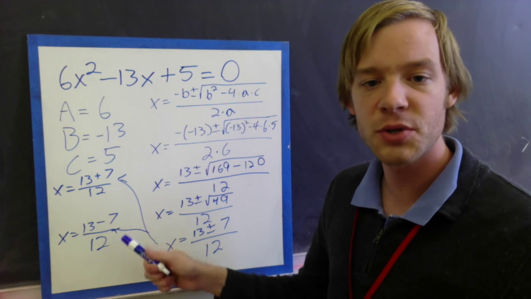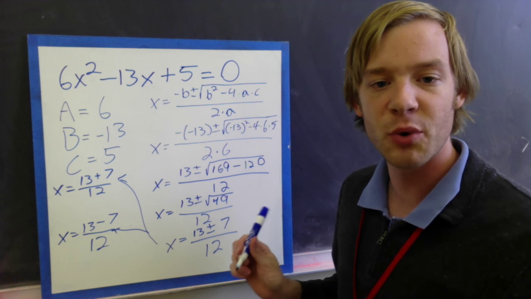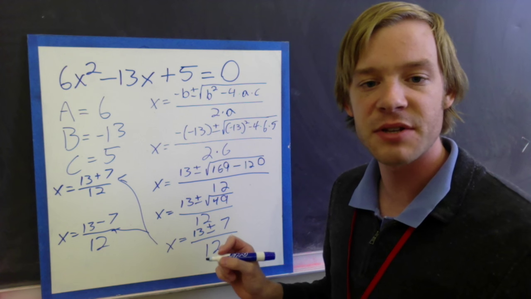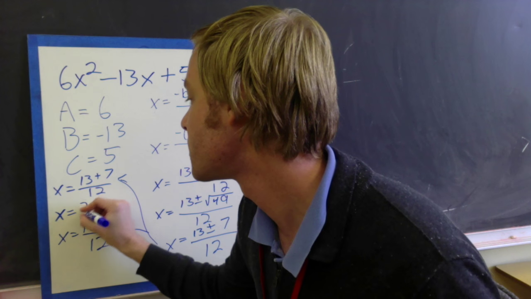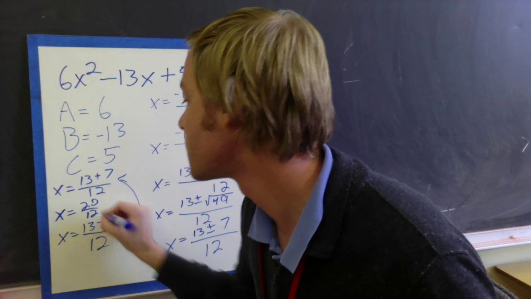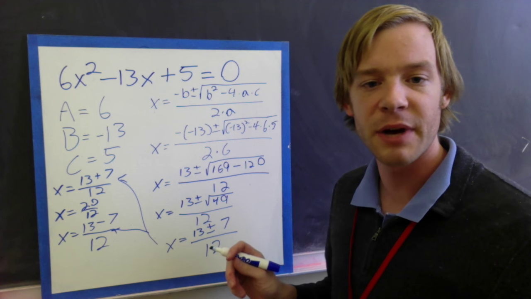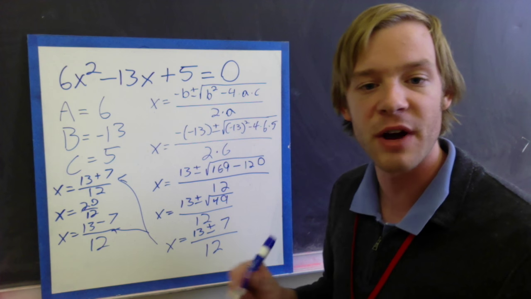Alright, so now I've got my 2 separate equations here. I'm going to work these out. So 13 plus 7 is going to give me 20 over 12. Which, if I simplify by dividing by 4, I should end up with 5 over 4.